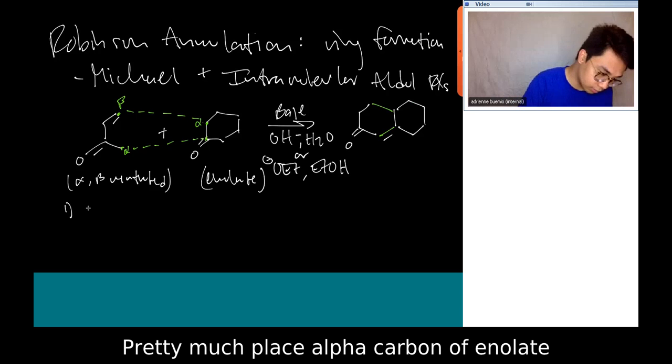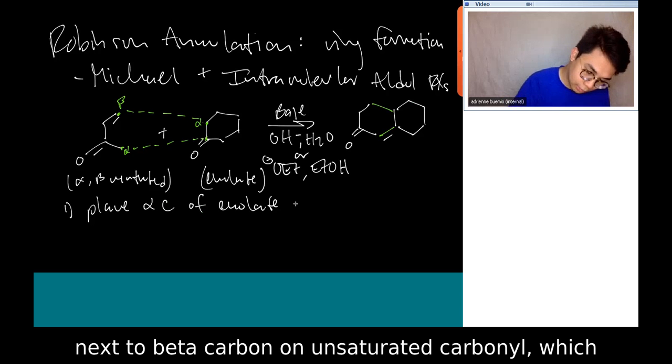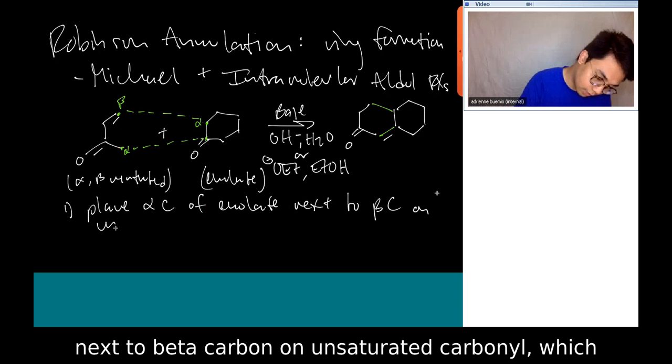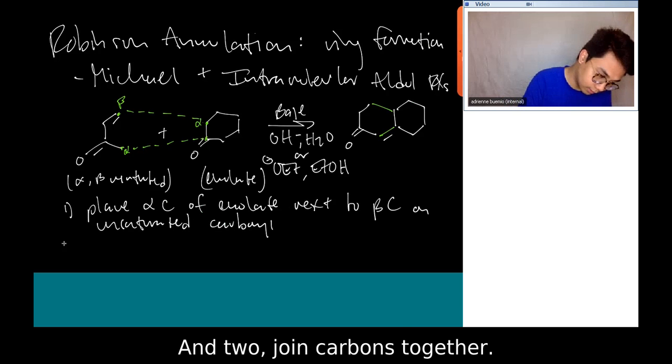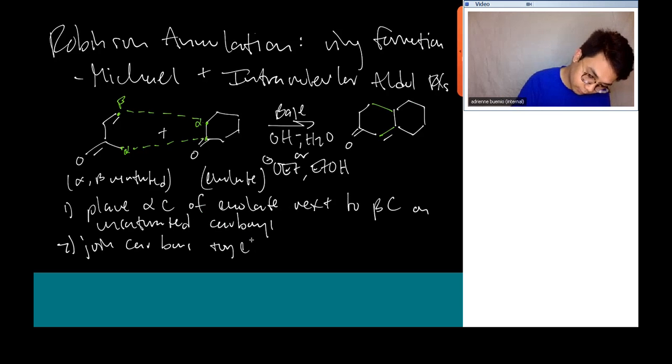Pretty much we place the alpha carbon of the enolate next to the beta carbon on the unsaturated carbonyl, which is what we did, and join the two carbons together, right?